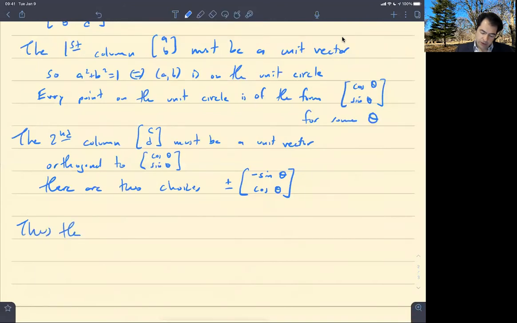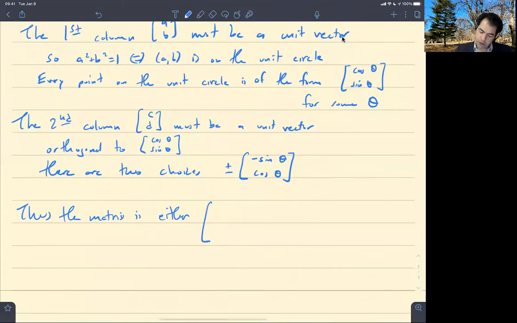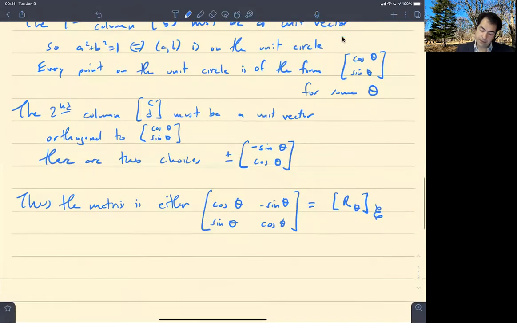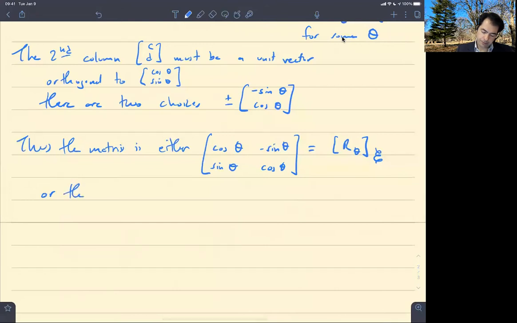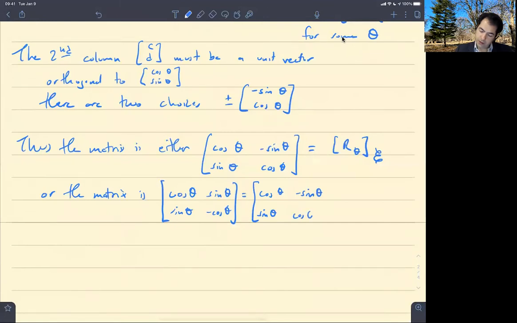That means that the matrix is either, well, you could have cosine theta, sine theta, minus sine theta, cosine theta, right, which we recognize as the matrix associated to rotation by theta in the standard basis, or the matrix is cosine theta, sine theta, minus cosine theta, which we recognize as cosine theta, sine theta, minus sine theta, cosine theta times 1, 0, 0, minus 1.